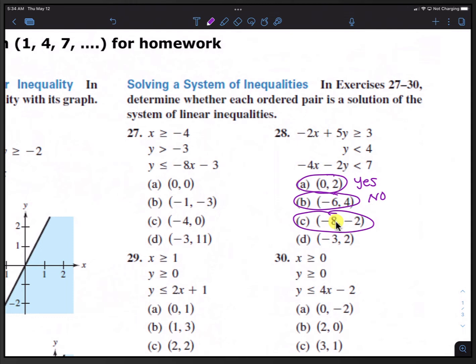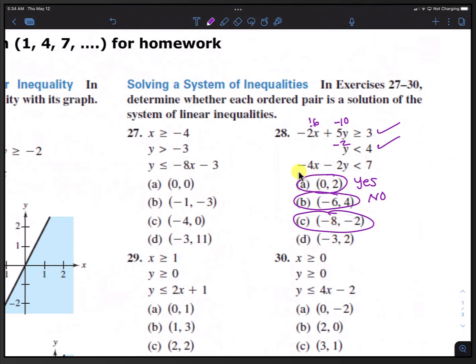All right, now let's try the third point, point C. So x is going to be negative 8, y is going to be negative 2. Negative 2 times negative 8 is positive 16. 5 times negative 2 is negative 10. And 16 minus 10 is 6, which is greater than or equal to 3, so that's a yes. For the y, negative 2 is less than 4, so that's a yes.